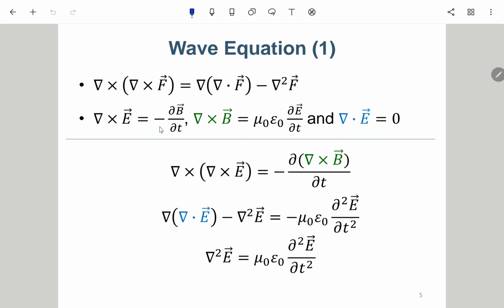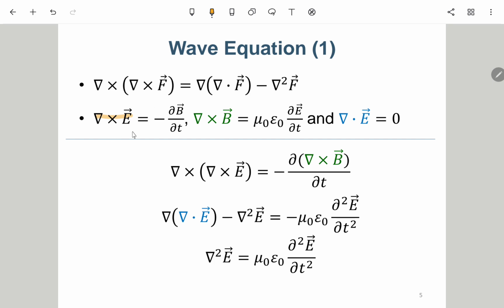So we just make use of 3 of the 4 Maxwell equations in free space. In order to use it, a clear observation is that we have a curl of E. So here we change F into E, so that we can make use of it.